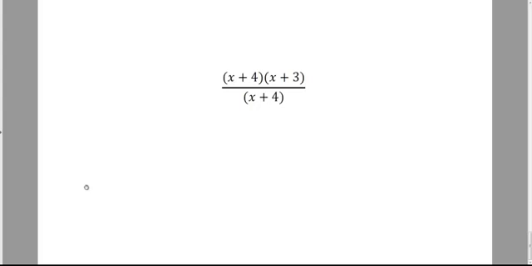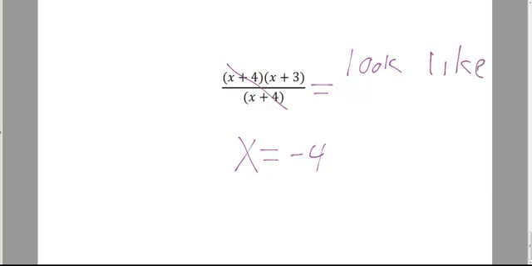What that means is one of my asymptotes is at x equals negative 4, but we can also cross this out. So the graph is going to look like if I had x plus 3 only, but x in this case cannot equal negative 4 because we would be dividing by 0.